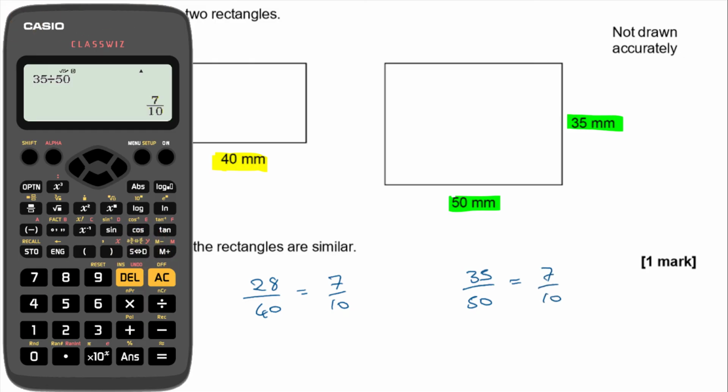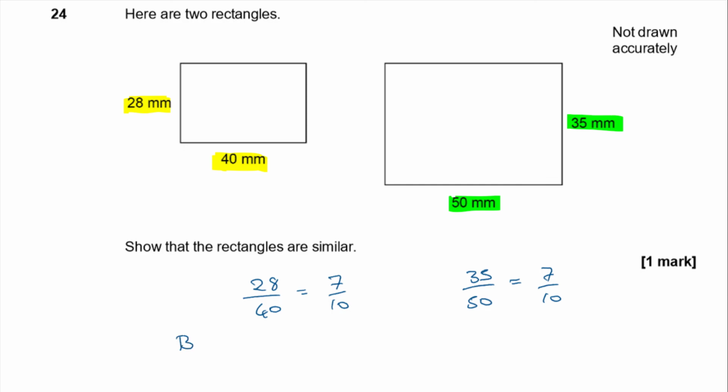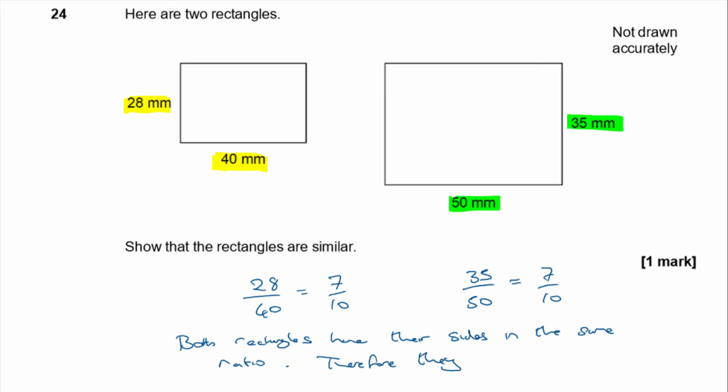Okay, so I can say both rectangles have their sides in the same ratio, therefore they are similar.